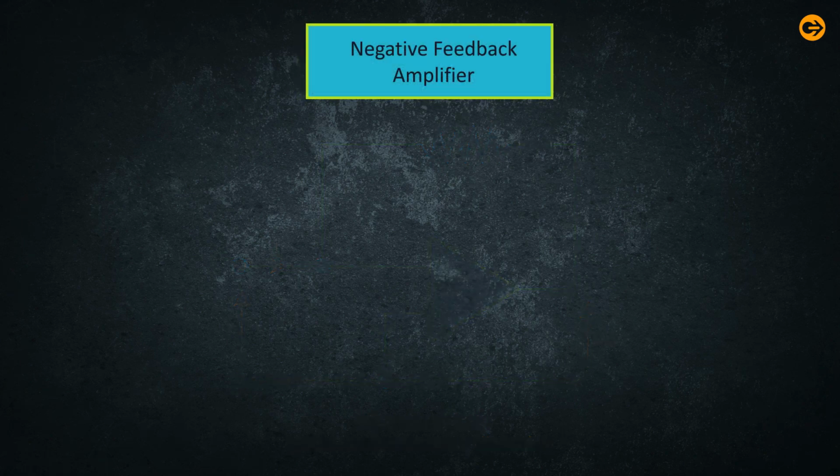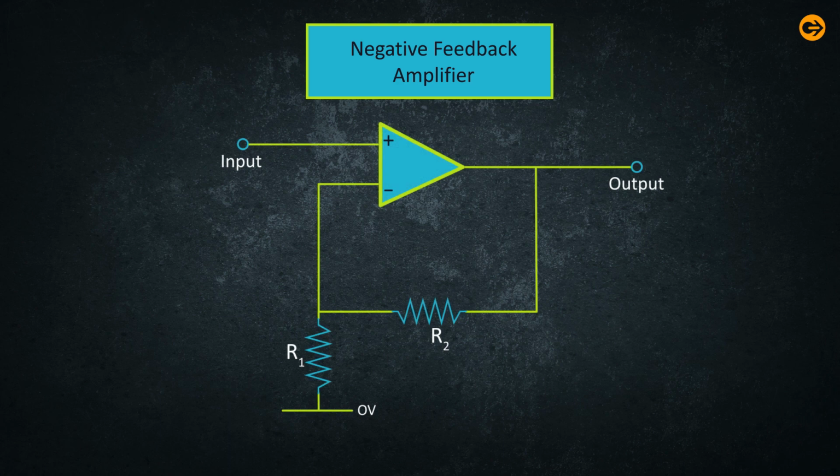Now let's discuss the negative feedback amplifier. When the feedback current or voltage is applied to reduce the amplifier input, then it is called negative feedback. Another name of this negative feedback is inverse feedback, and this is widely used in amplifier circuits. Now let's discuss the feedback amplifier topologies.